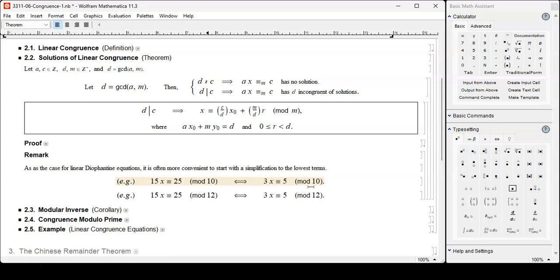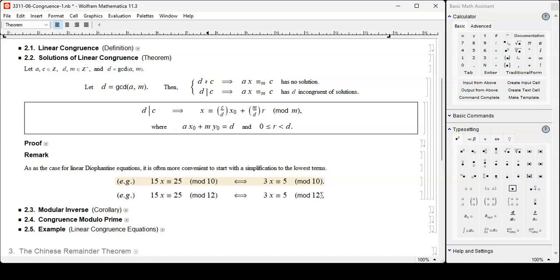Just simplify to the lowest terms. 3x is congruent to 5, and then 3 and 10 are relatively prime. So d is 1, so you don't really have to worry about dividing by anything. So put it directly over here, d is 1, so it's an easy computation. And of course, getting this Bezout's linear combination expression is going to take a bit of effort through the Euclidean algorithm, but you can do that.